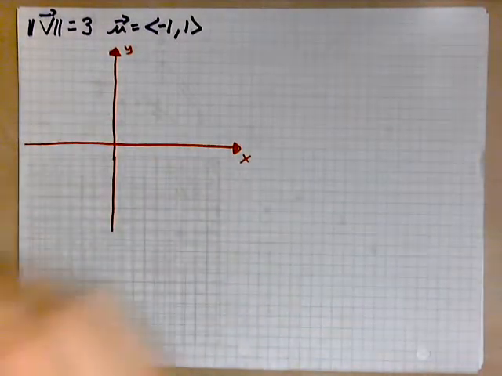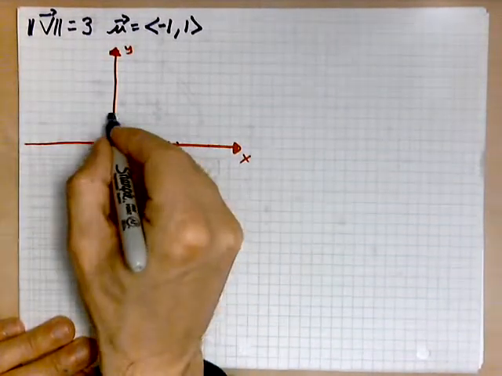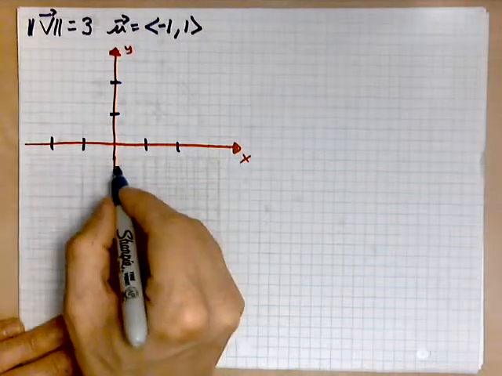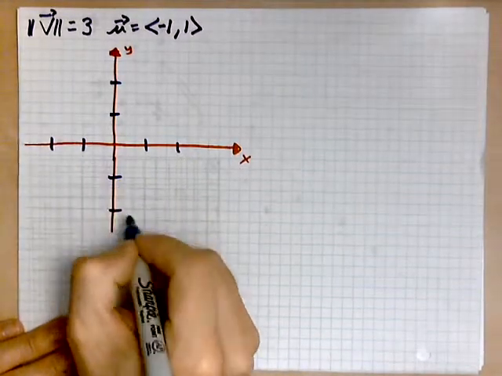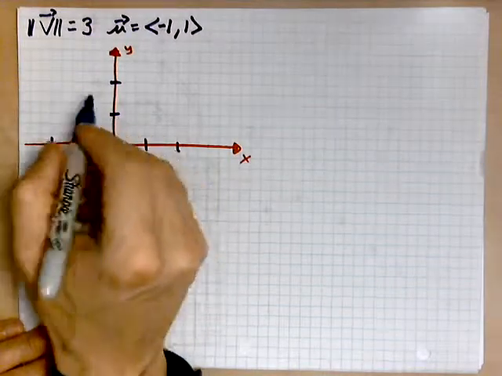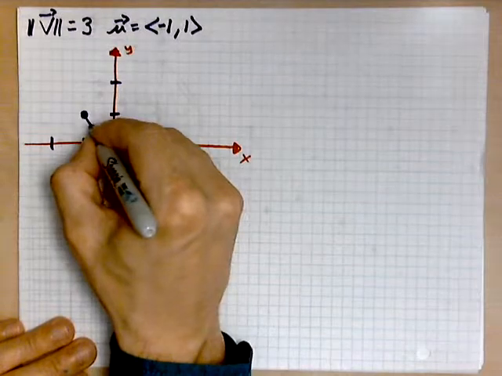For the sake of simplicity, I will take 3 spaces to be a 1. So negative 1 means this, and then positive 1. So we are at this point here. This is our vector u.